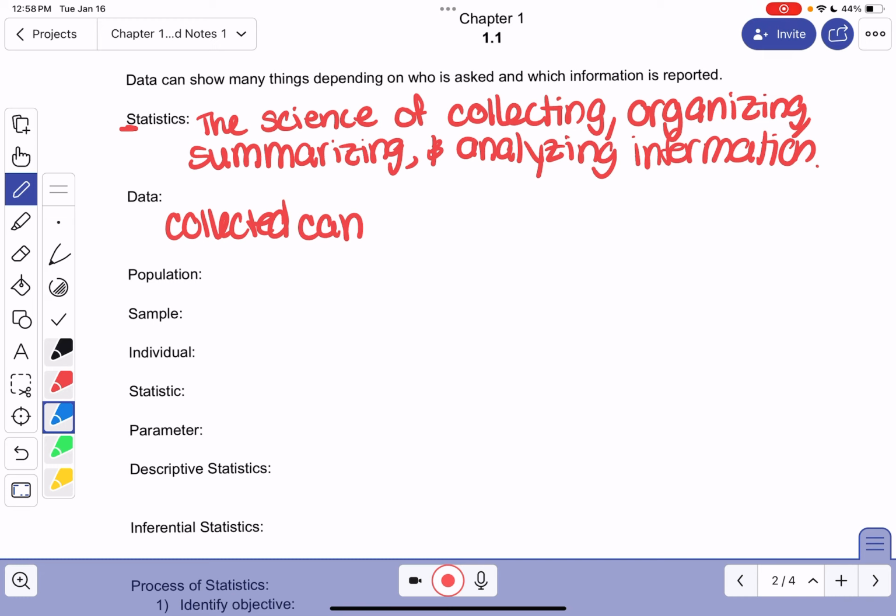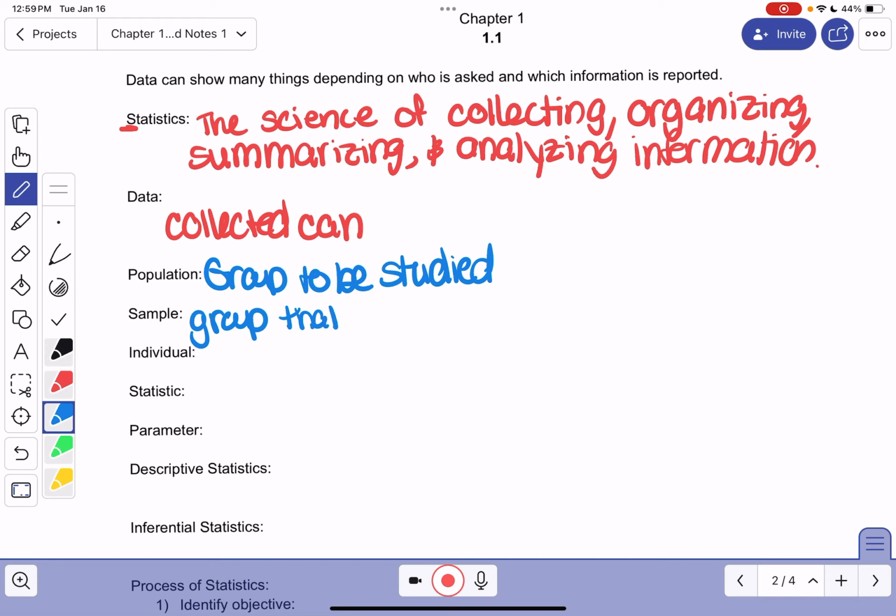The population is the group you're trying to study. So if I want to know what adult Americans think or students at University of Augusta think, that would be the population. The sample is a subset of that population, and it's the group that you're actually asking.